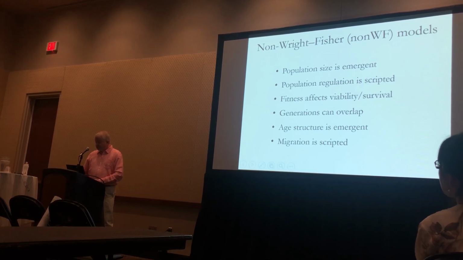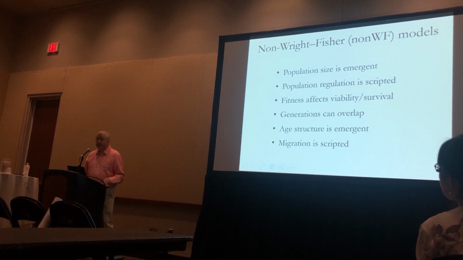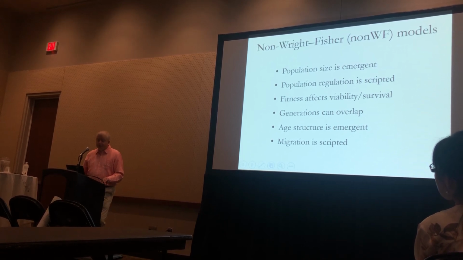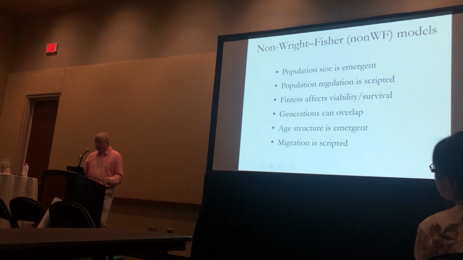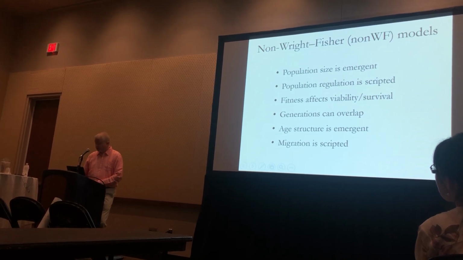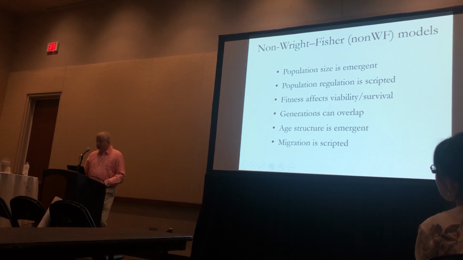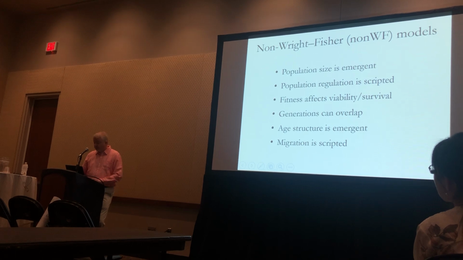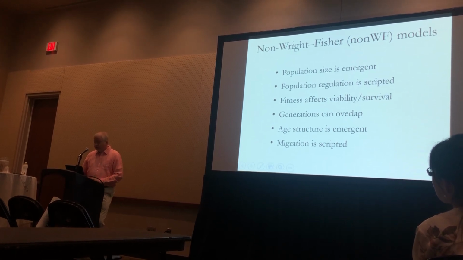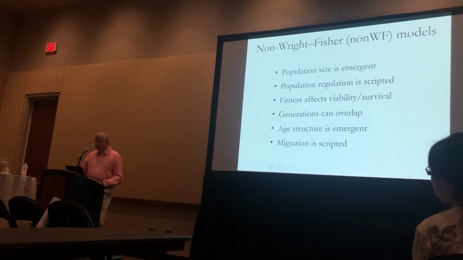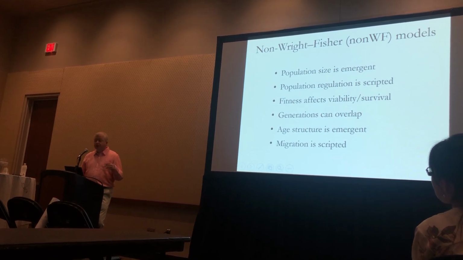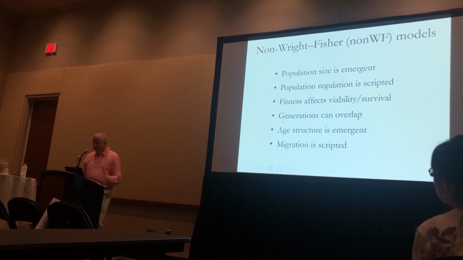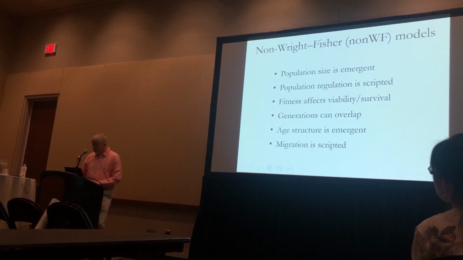In Wright Fisher models, fitness is expressed through the probability of mating, but in non-Wright Fisher models, fitness by default affects survival, which is usually more biologically realistic. You can also model mating success in your script if you want to. And in non-Wright Fisher models, generations can overlap, and age structure is emergent from the births and deaths that occur in your model. Finally, migration is scripted in non-Wright Fisher models, so your model script can move an individual from one subpopulation to another at any point in time, as compared to Wright Fisher models where migration only occurs for newly created juveniles.